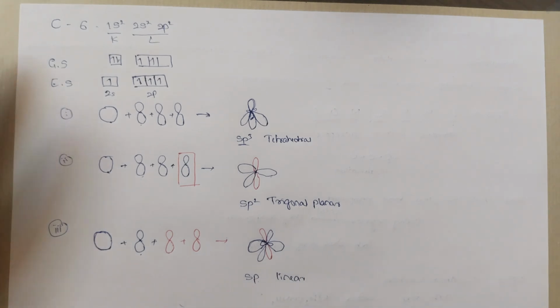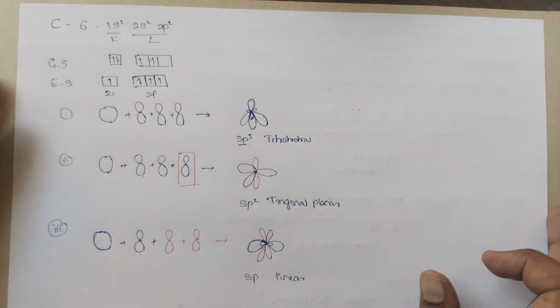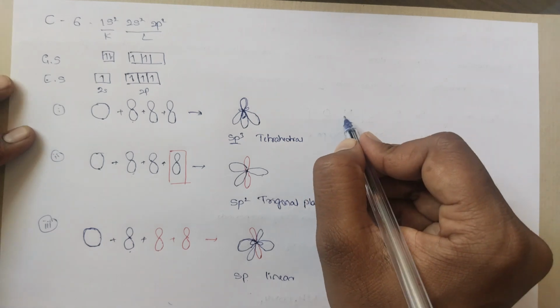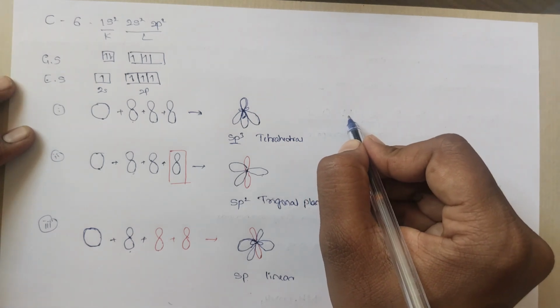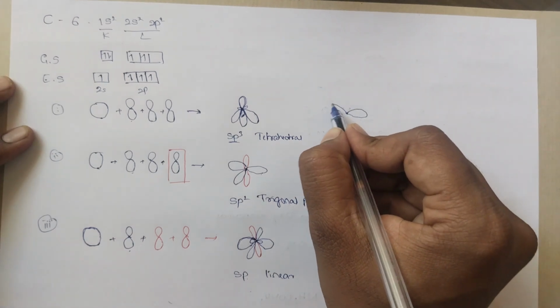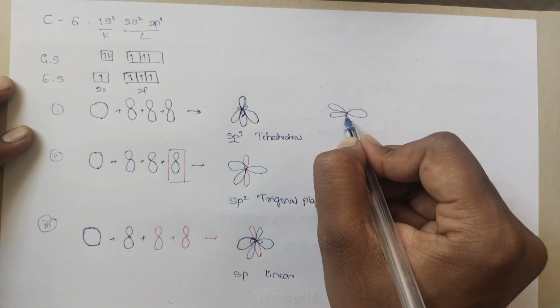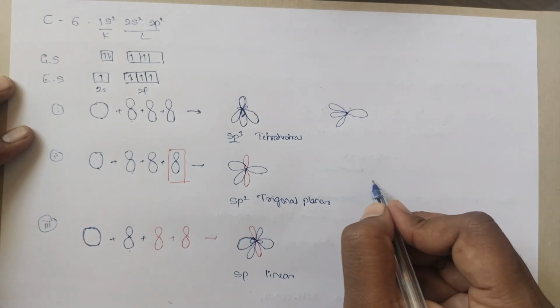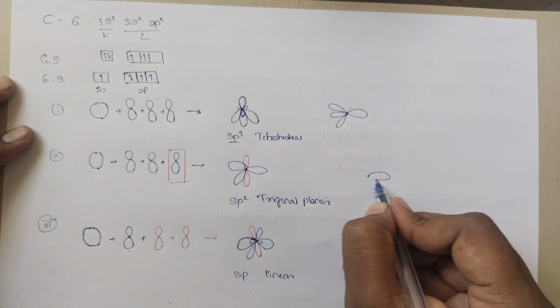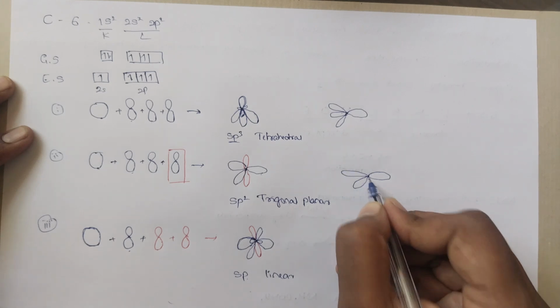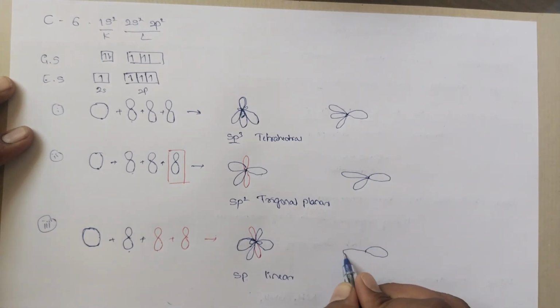Okay, how it can make bonds with other carbon. For understanding purpose I will write like this, and this is the same, and this is linear.